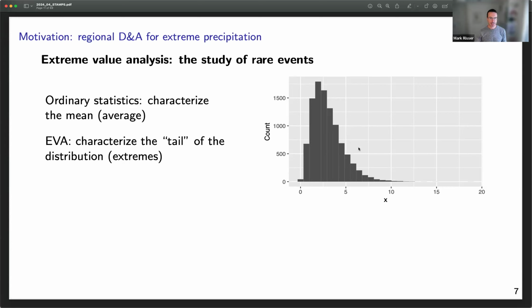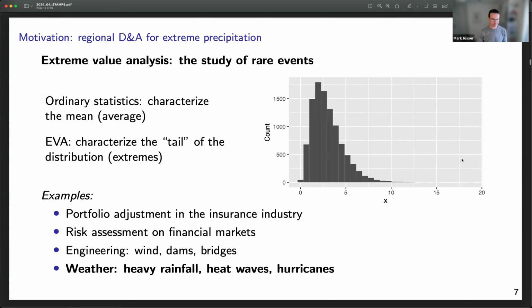This is instead trying to characterize the tail of the distribution. So on this far right side of the plot, we want to know about those values, what their magnitudes are, what their probabilities are, et cetera. And as you can probably imagine, this is really important in a lot of different places. Obviously the insurance industry or risk assessment really cares about the rare events.